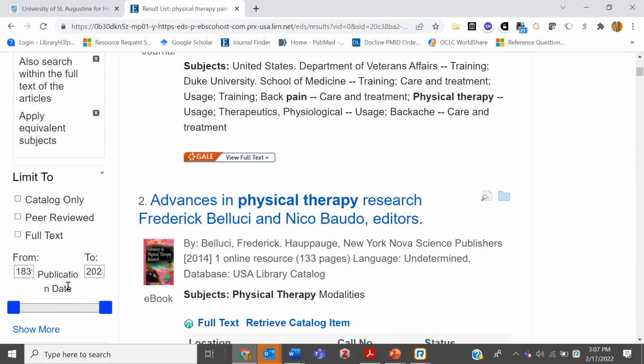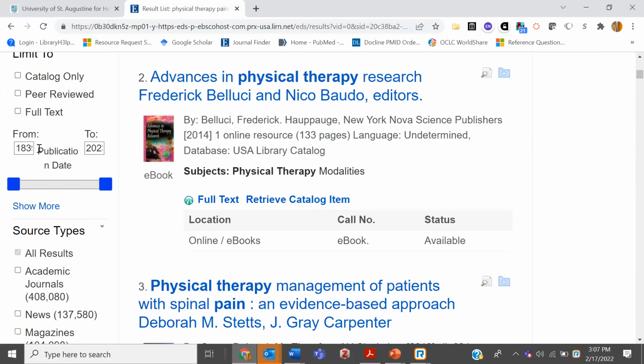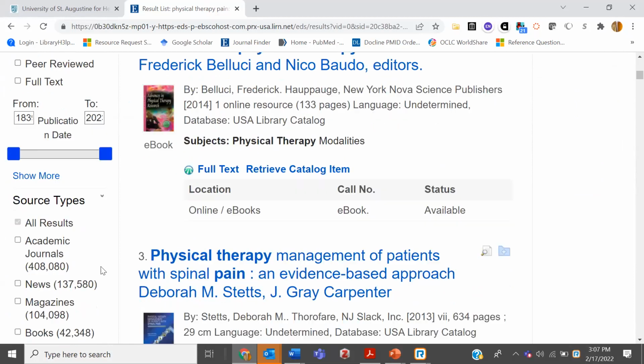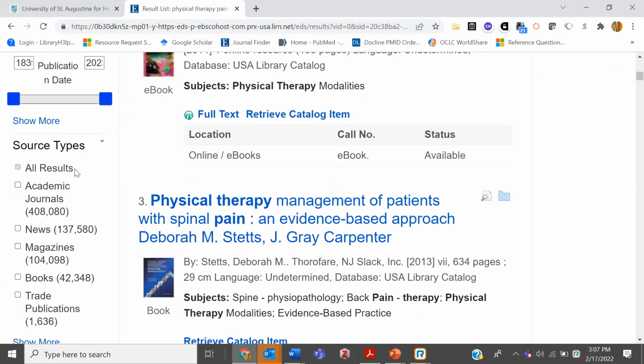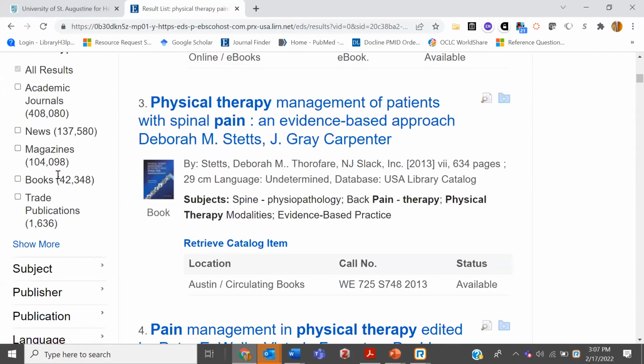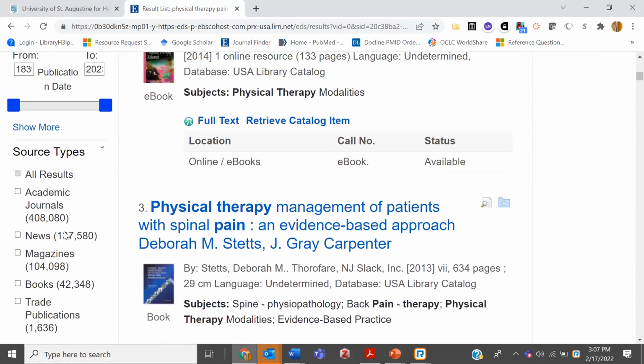And you can scroll down and you can limit them by language, by date of publication, by document type, and it's a quick way to drill down to what you might be interested in specifically.